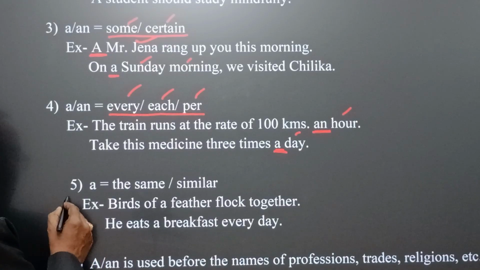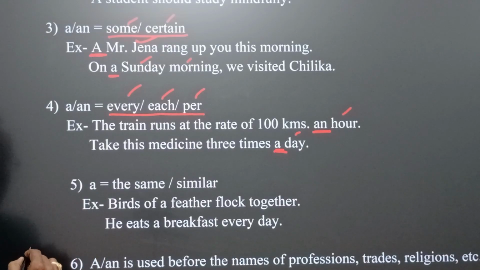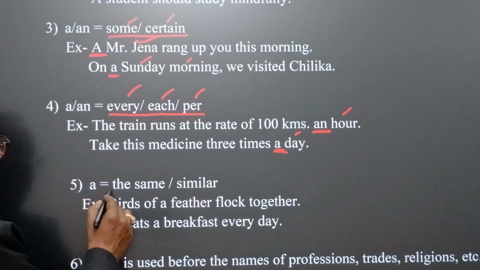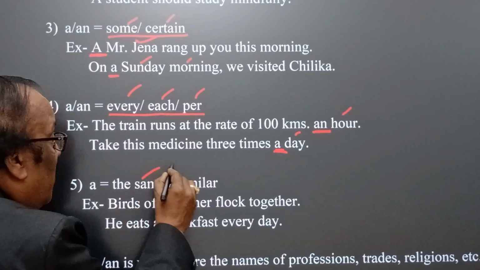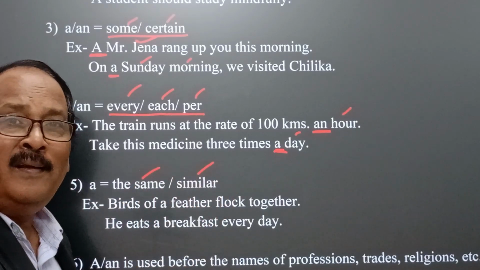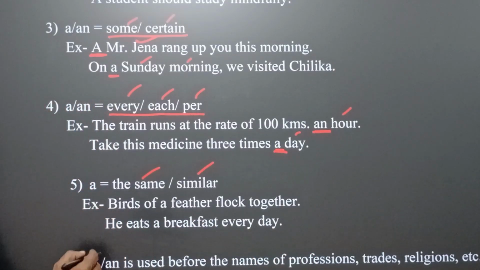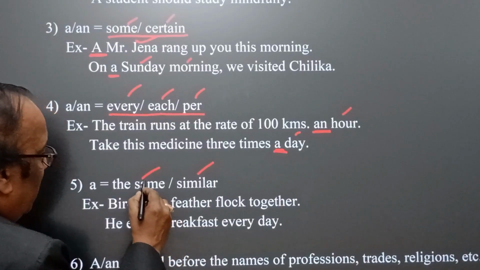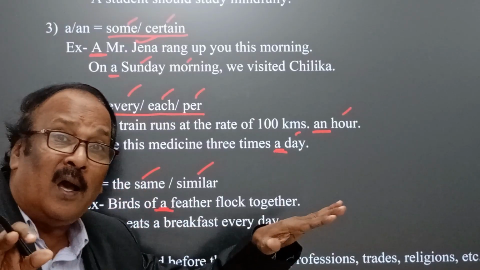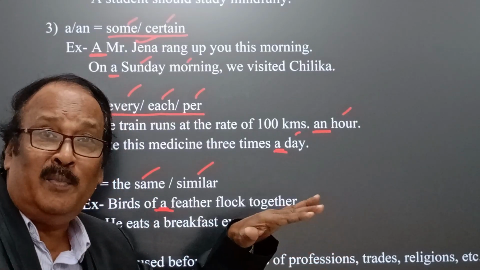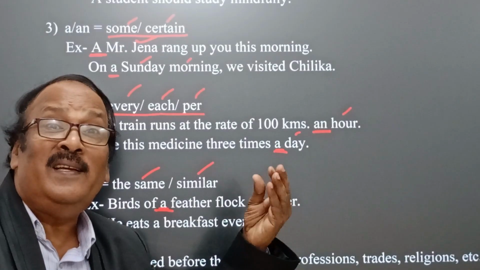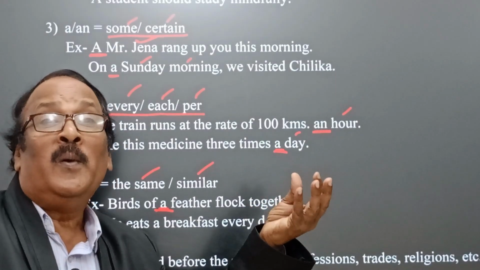Now come to the fifth point. Here we find a is equal to the same or similar. What does it mean? Birds of a feather. A feather means the similar or the same feather. Birds of a feather flock together. This is a very nice proverb.